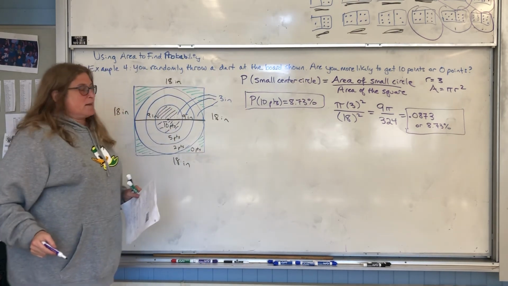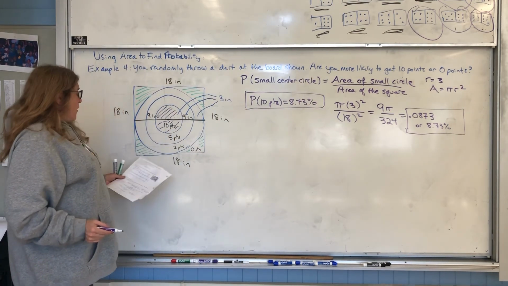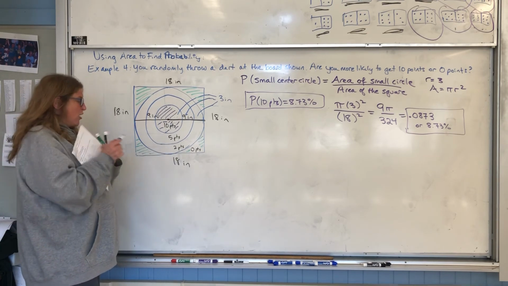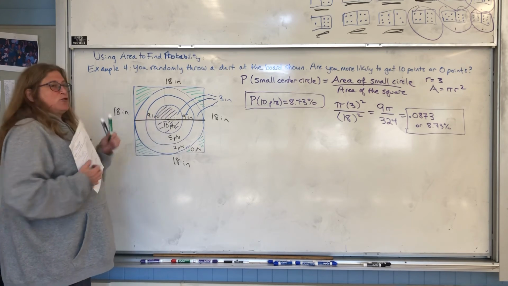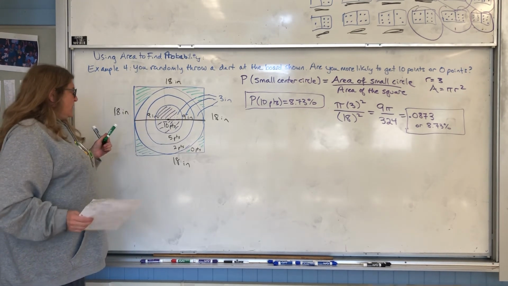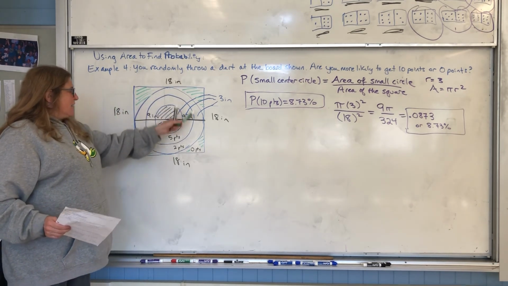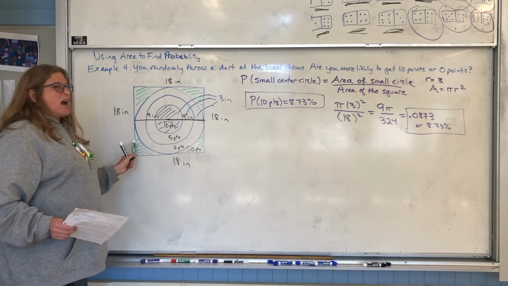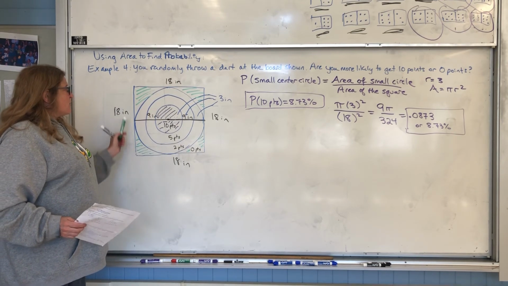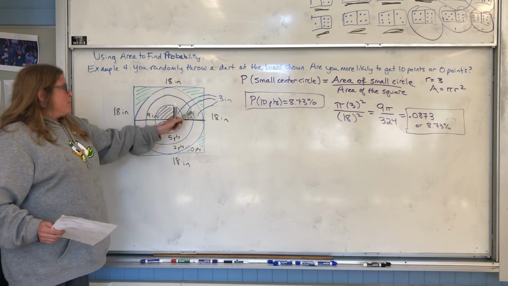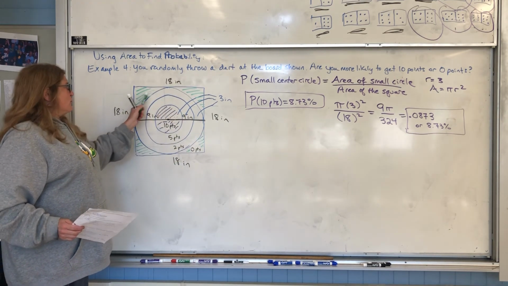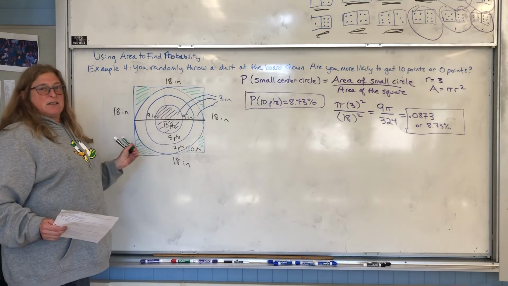Okay, not super likely. Let's look at the probability of getting 0 points. That's harder because here we had a defined shape, a circle. But to get this green area here, we actually have to subtract. Would you guys agree that this square minus the big circle is equal to this leftover green space?